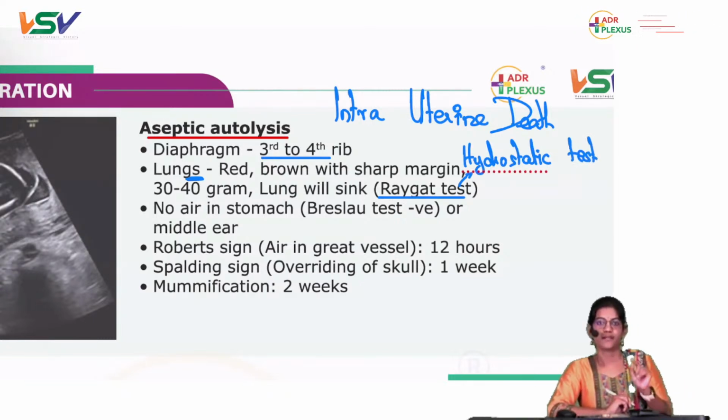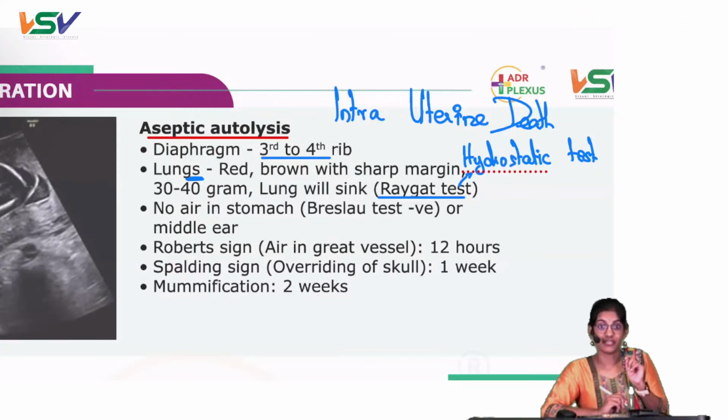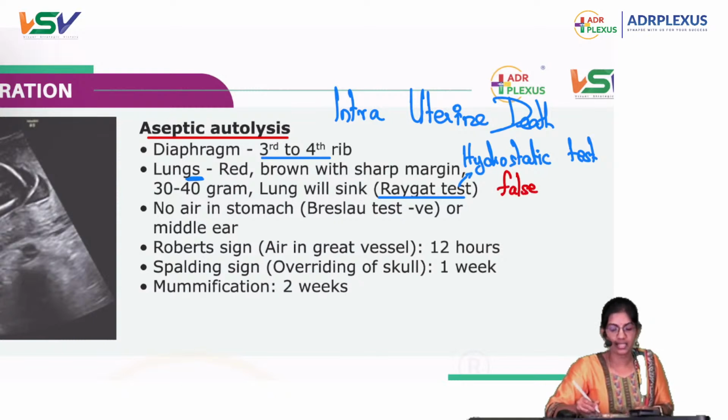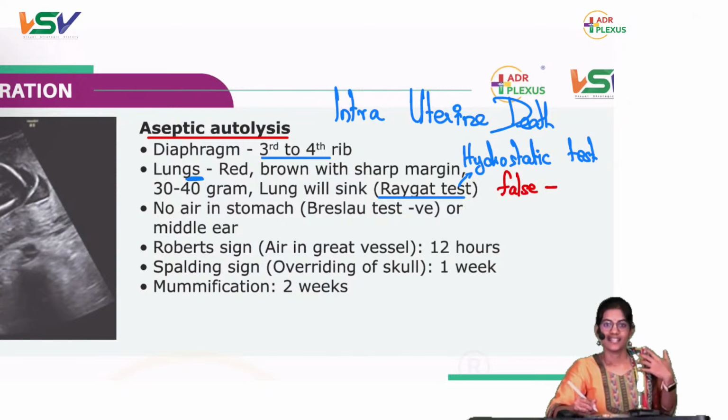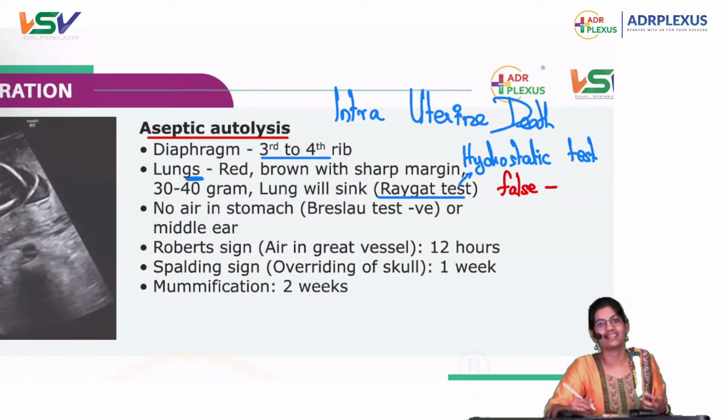Okay. But remember, this test is not foolproof, which means you can get a false negative. Positive means the lung is floating. False negative means the child is born alive, respired, but despite that, the lung is not floating. What could be the reasons for it?